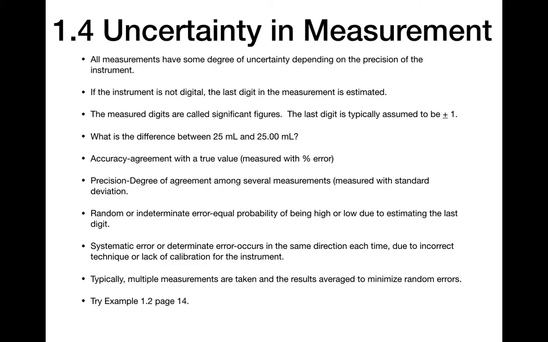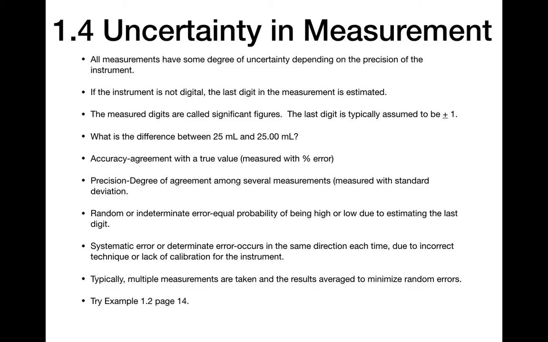Also, the lack of calibration for the instrument. If the instrument is not calibrated properly, it can't give you the right answers. So random error just comes from the fact that all errors have measurement, but systematic error comes from something that is actually incorrect about the way you're using the equipment or the way the equipment is giving you the answer.